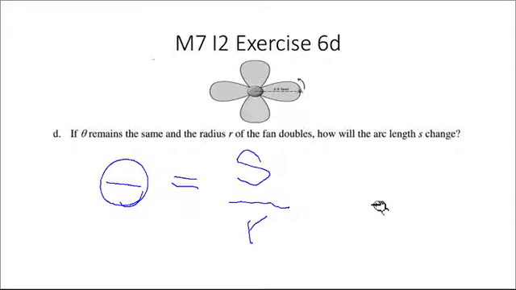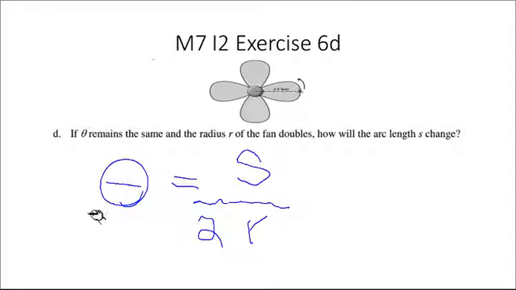The easiest way to see this is that theta is equal to S over R. To maintain truth in this equality, if I double the radius and do nothing else, I am changing the right side of the equation without applying the same thing to the left side.